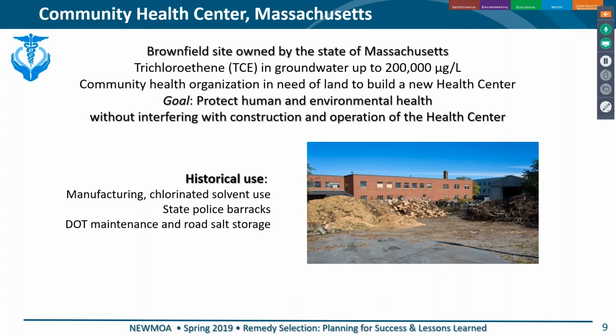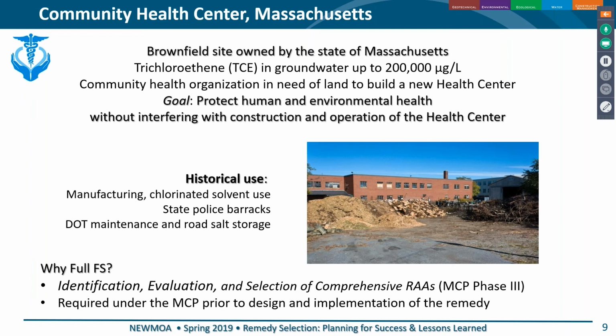And so they came to an agreement with the state of Massachusetts, a long-term, low-cost lease with the stipulation that the health organization would clean up the site. So, the construction had to happen at the same time as the remediation. So that posed some challenges.